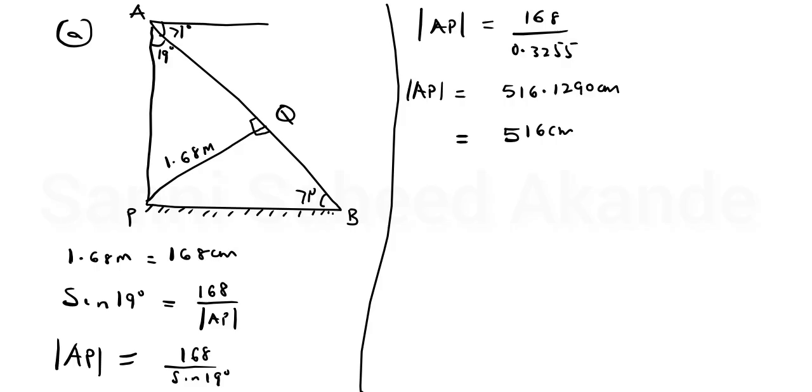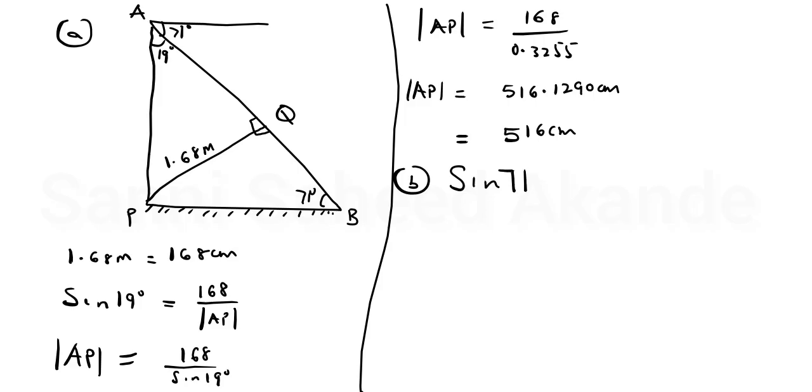Then B, they ask us to find the length of the ladder. So the length of the ladder is this line AB in this diagram. So for me to get that now, I'm going to use sine in order to find it. Because sine theta, but now the theta is 71 degrees.